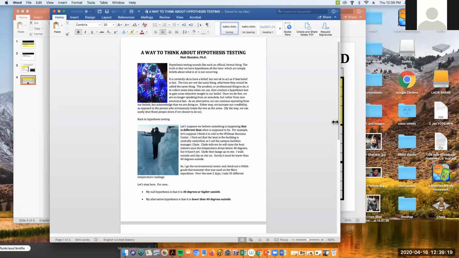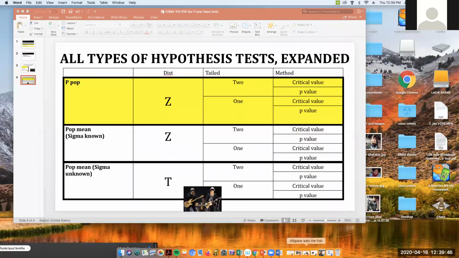I know the other day we started to get into the null and the alternative and how do we come up with this and that, and it starts to get kind of overwhelming. This is just a simple way to think about hypothesis testing that I wrote last year with my last class. A sample size of 1 is not very much, but one person said, hey, this really helped me out a lot. So it may help you too.